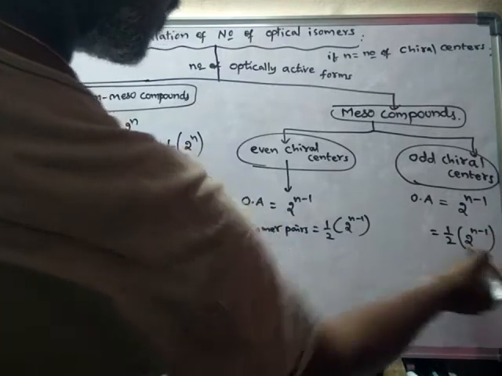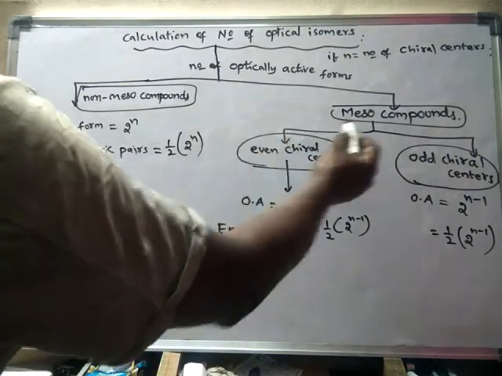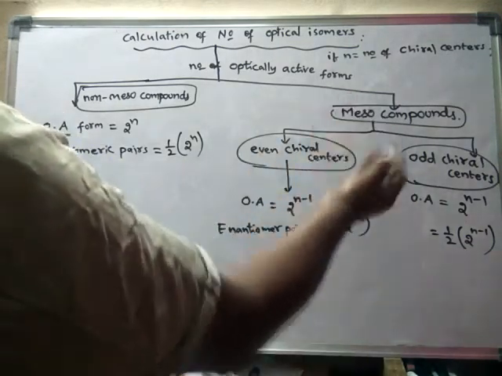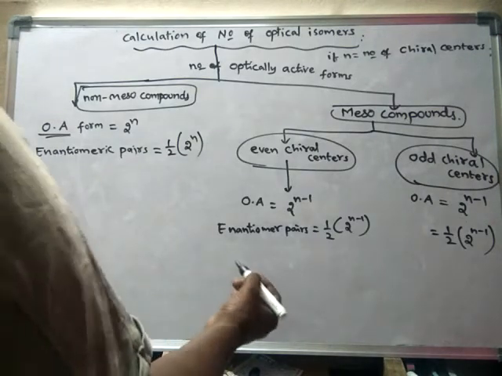But here, how many meso forms are there? If the compound has meso nature, how many meso forms are there?